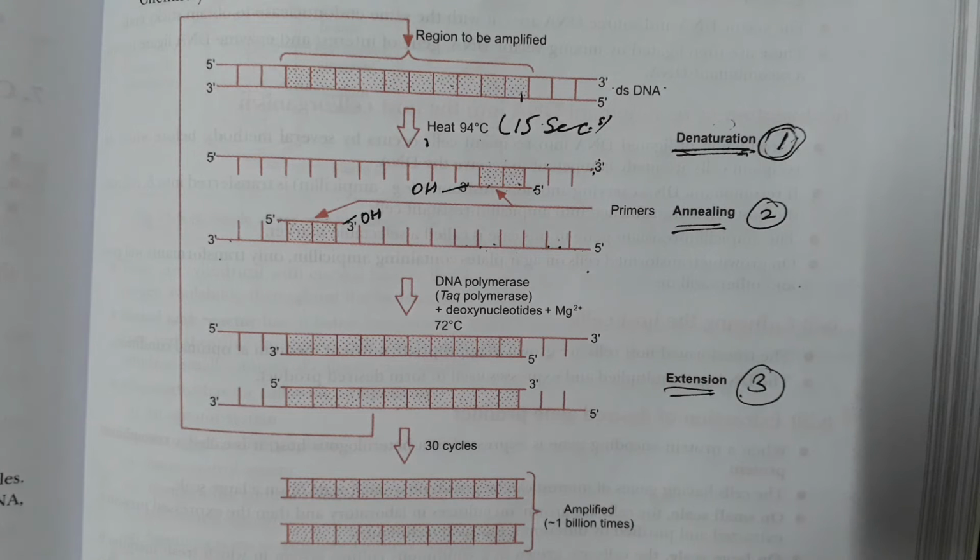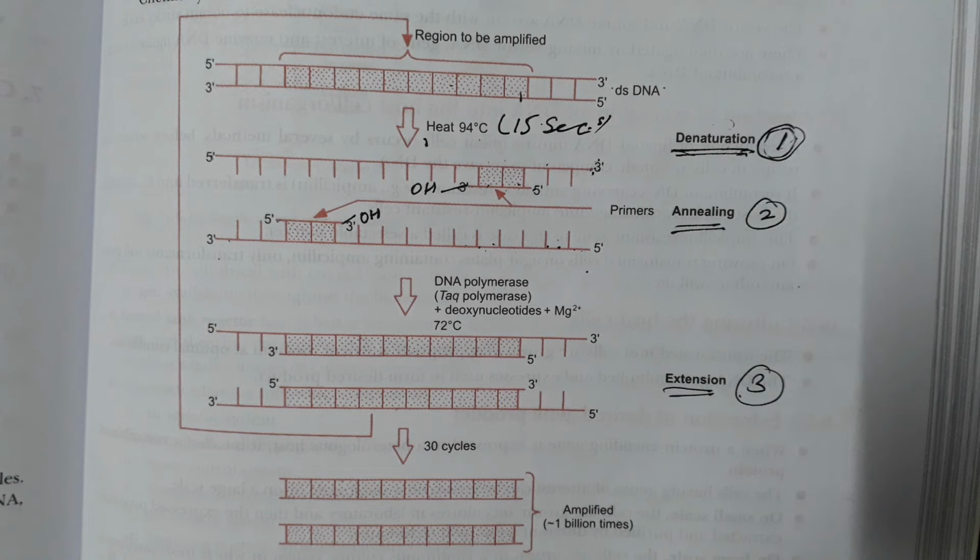But here we are dealing with high temperature conditions. At the time of denaturation, the temperature was about 94 or 92 degrees Celsius, and in the extension step, the temperature is about 72 degrees Celsius. So the DNA polymerase of human beings does not work here.